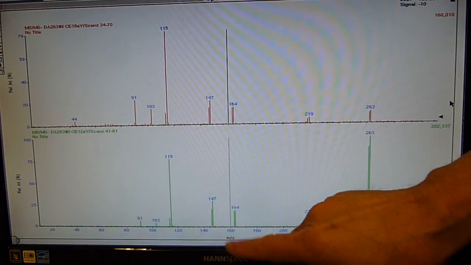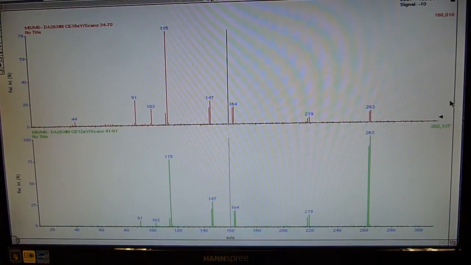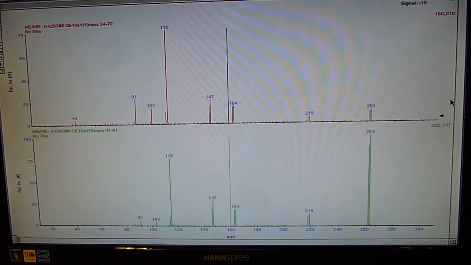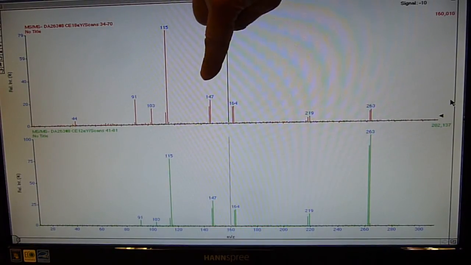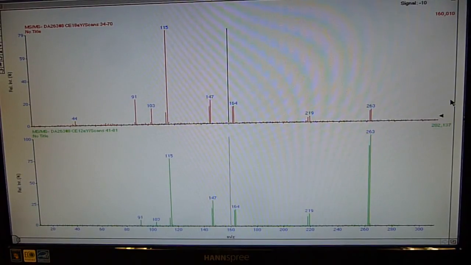For phenylalanine, the 91 is that aromatic side chain, the C7H7, and then we have our 147 and 164, and that's indicative of phenylalanine at a C-terminus because the 147, 164 is that's the acene, and that's the D-1 and the Y+1 ions.